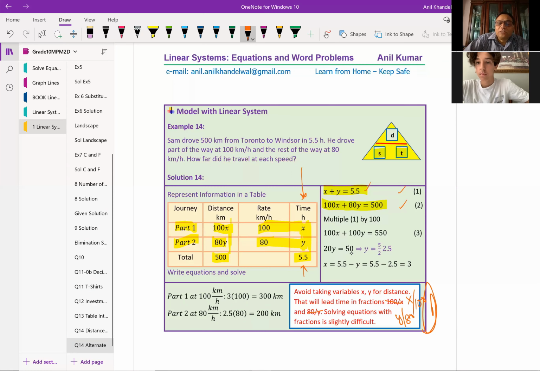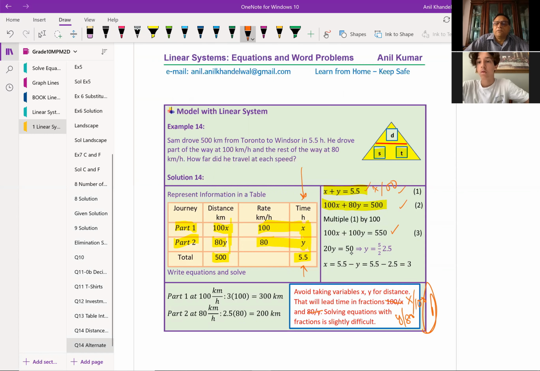Now, when you do this with time x and y, the distances are linear: 100x, 80y, and you get your solution. So you have two equations: x plus y equals 5.5, and 100x plus 80y equals 500. We can decide on eliminating either one of them. I just multiplied the first one by 100, and we get 100x plus 100y equals 550.